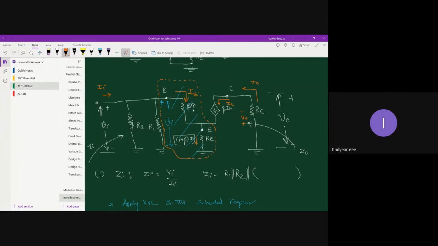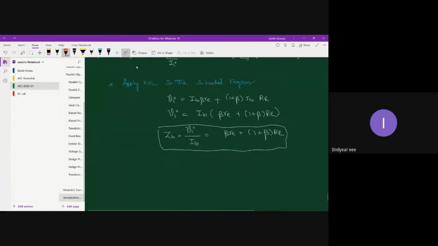The whole thing can now be replaced with a simple impedance ZB. This is your base terminal ZB. By finding this, I can now redraw my input circuit something like this. This is your R1, this is your R2, and this is your ZB. This is ground, this is base.